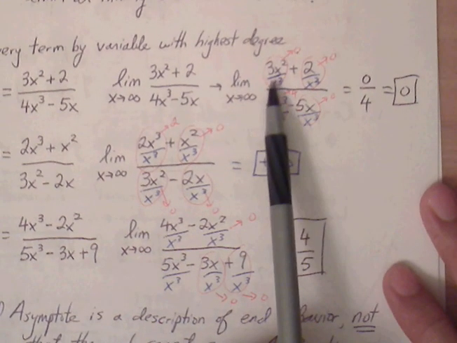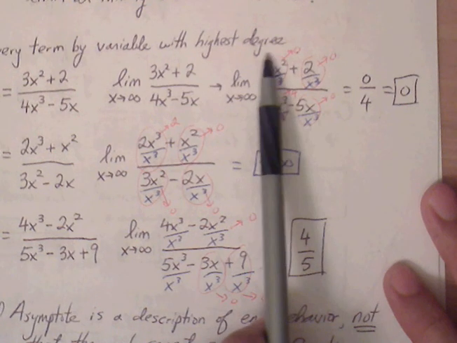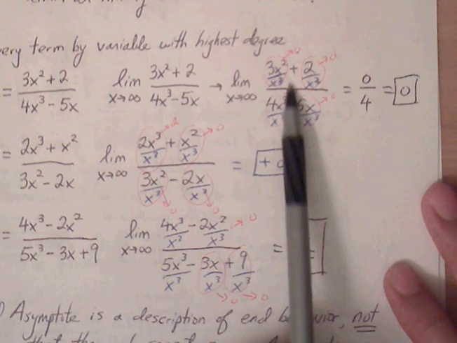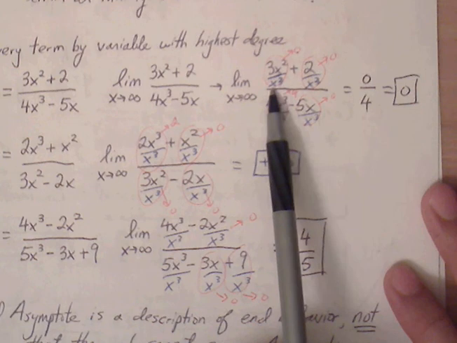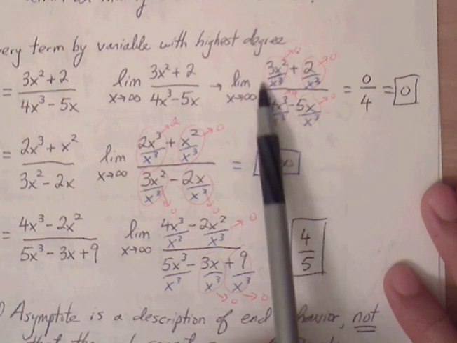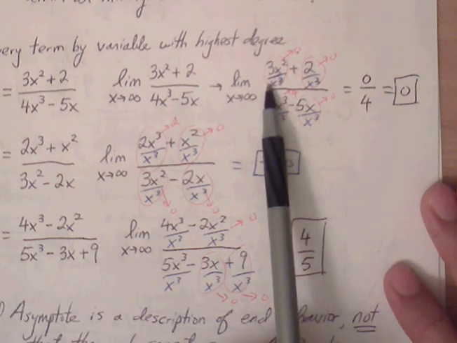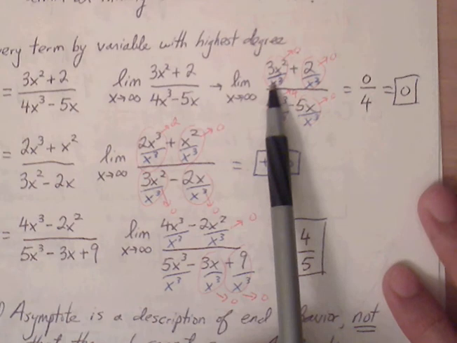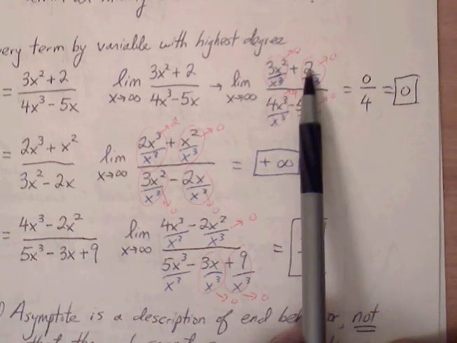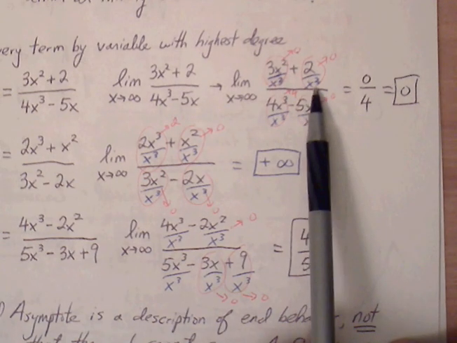And then we just look to see what the limit is for each of these fractions. So here, x cubed is increasing at a lot faster rate than x squared. So we know that eventually this fraction will just get closer and closer to 0 because that denominator is increasing at a faster rate. Here, constant over a variable, we know that's going to go to 0.